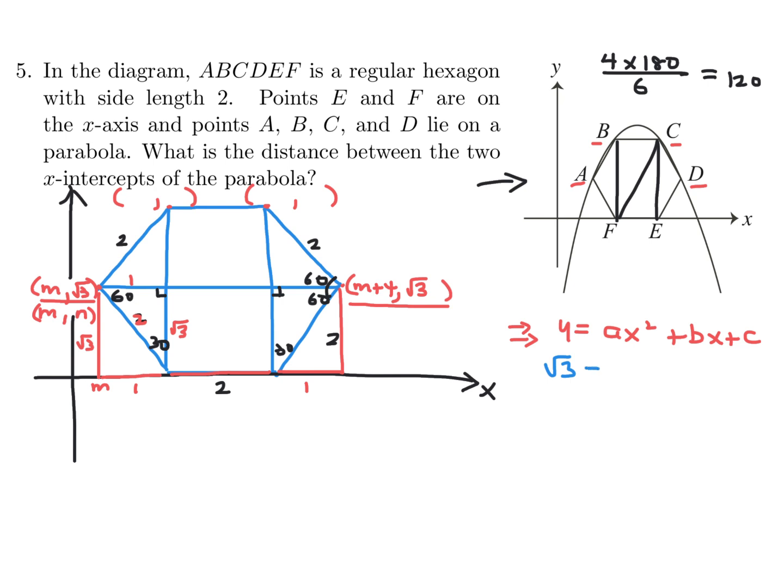Yeah, root 3 is equal to aM squared plus bM plus c. Okay, not much progress there. But if I sub in that, root 3 is equal to a(M plus 4) squared plus b(M plus 4) plus c. Okay, root 3 is aM squared plus, let's see, that's going to be 8a, right?